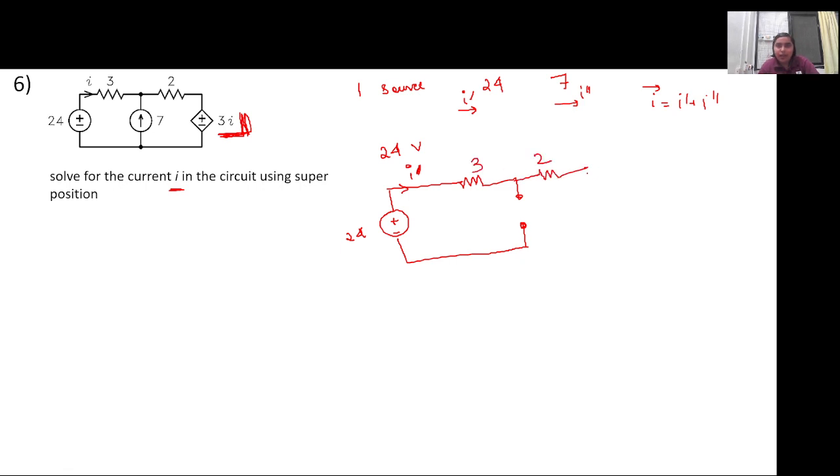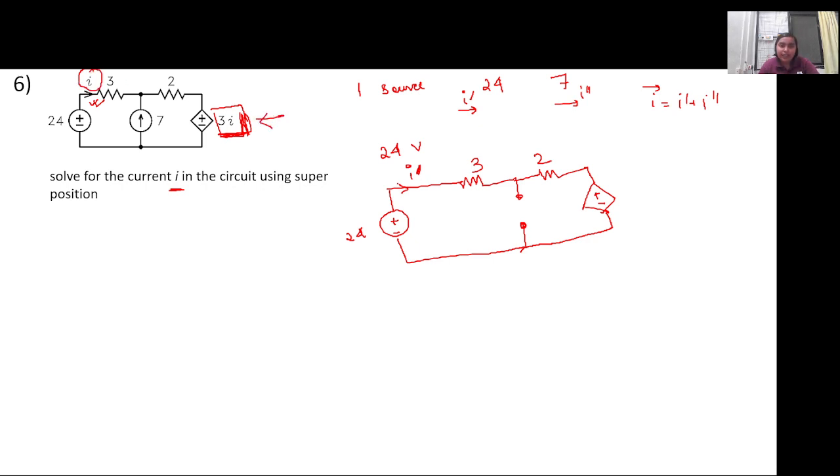Please note that this particular current dependent voltage source depends on the branch current I through this 3 ohm resistance. If this I changes, this value also changes.